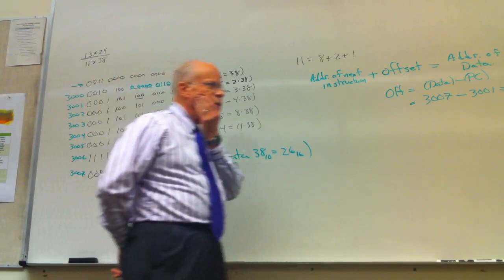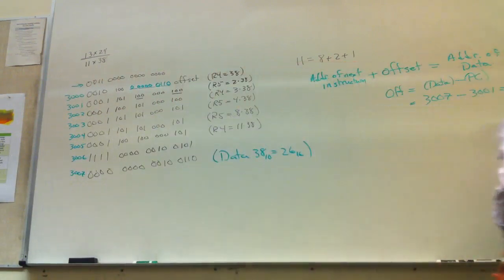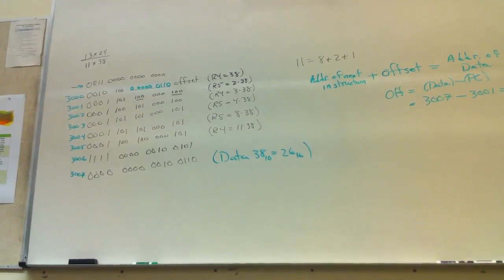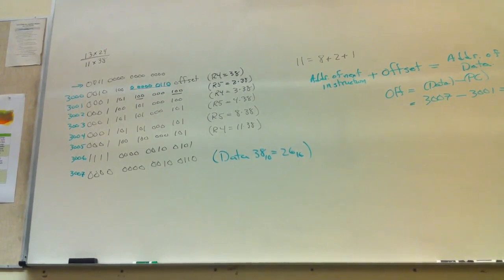Well, I'm still kind of confused. We write the halt, but then what is it that we write right after the halt? If I were writing a program and I wrote my instructions and I wrote my halt... You may not have anything after the halt. On Wednesday, when I wrote the program to do 13 times 24, I didn't have anything after the halt.